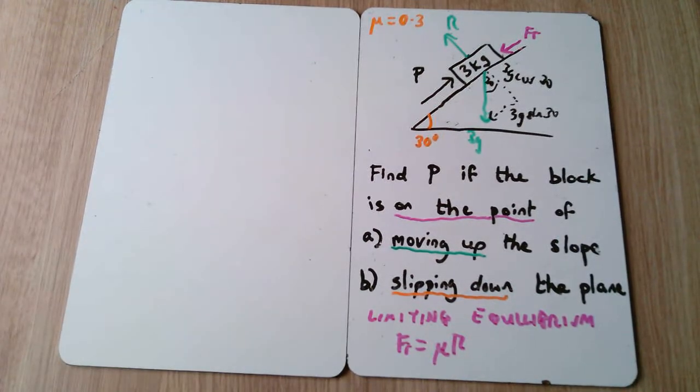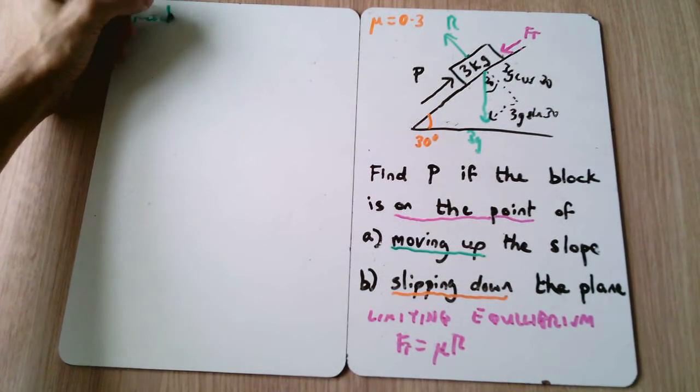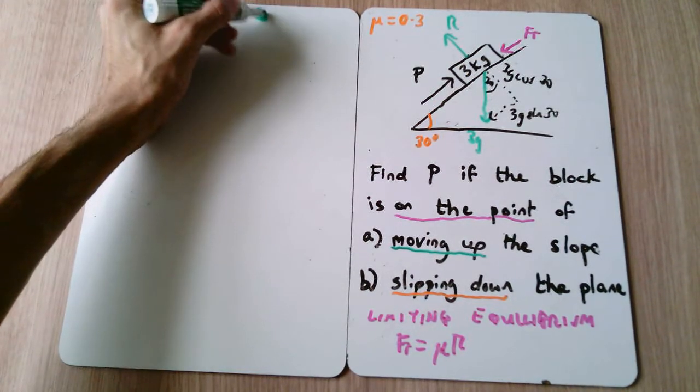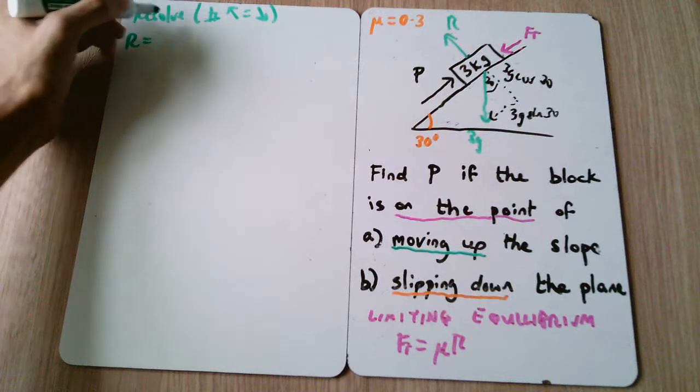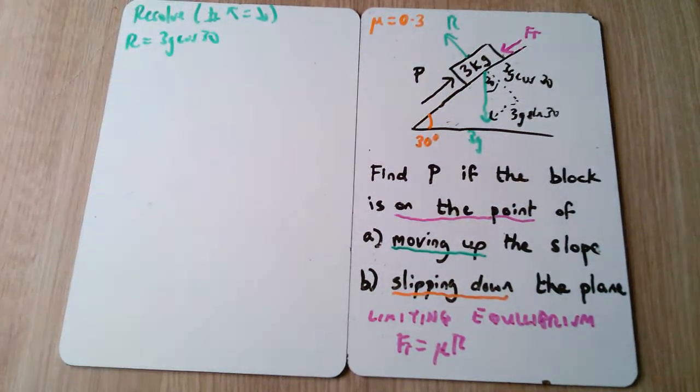So we said if you are trying to work out the value of P, we need to first work out the value of R by looking perpendicular to the slope. So we can obtain R by resolving perpendicularly. This direction is equal to this direction. So R is equal to 3g cos 30. Now, because this scenario is in equilibrium, the acceleration is equal to 0.